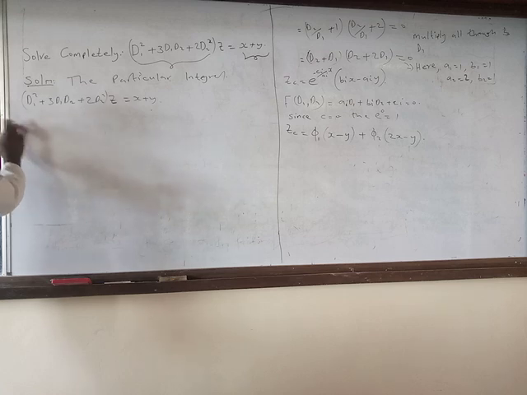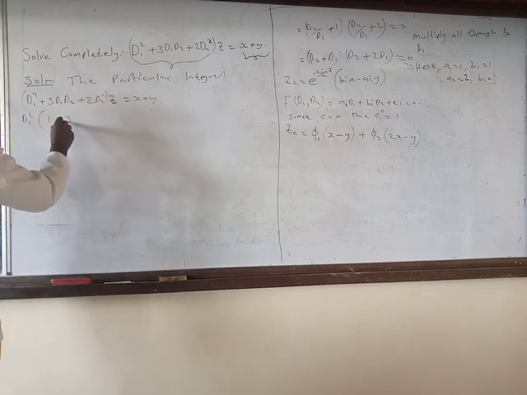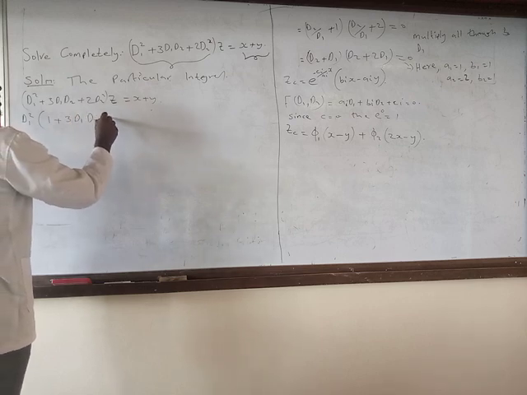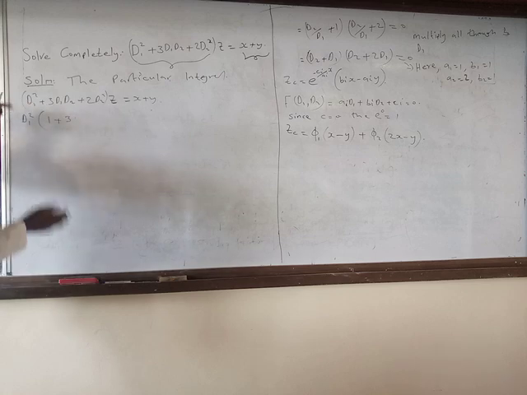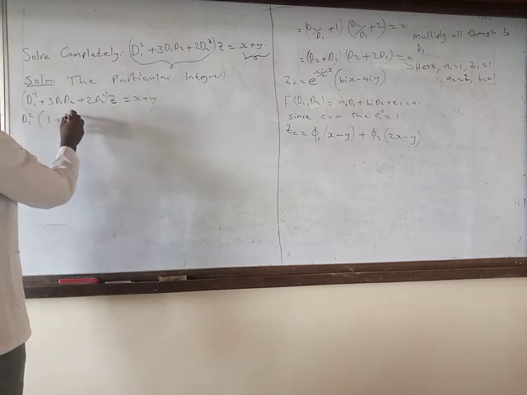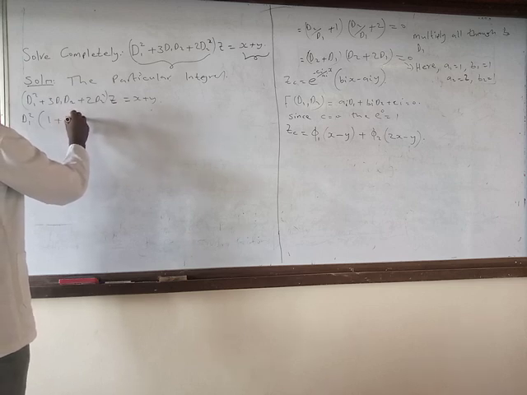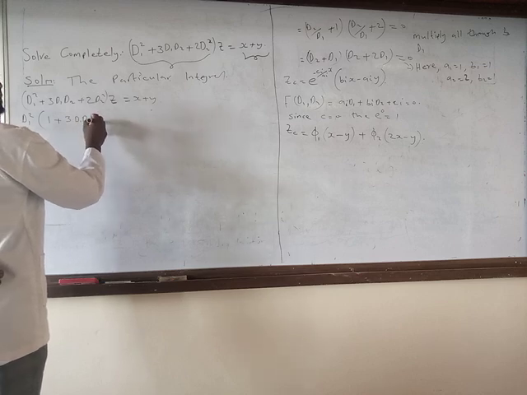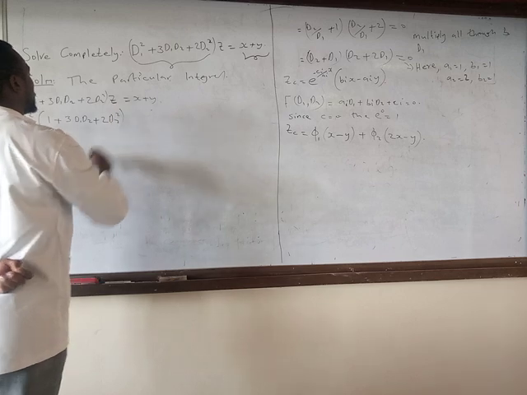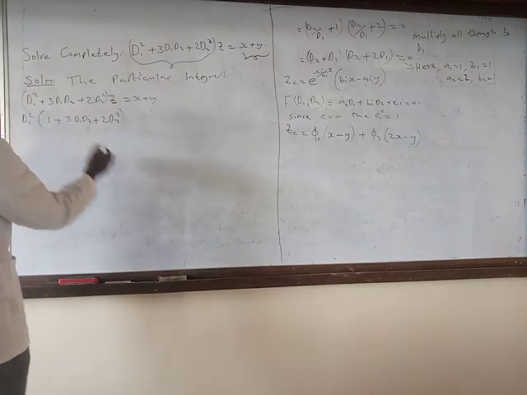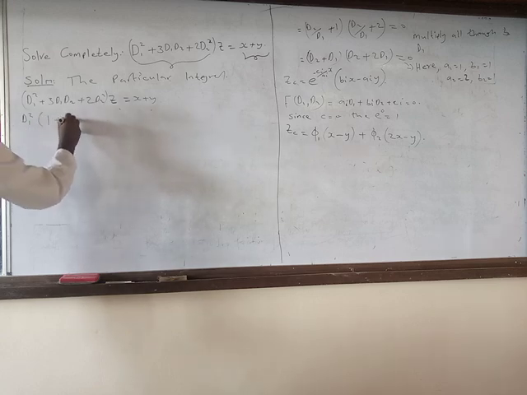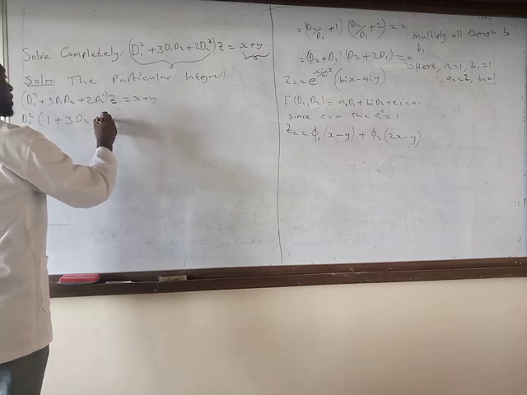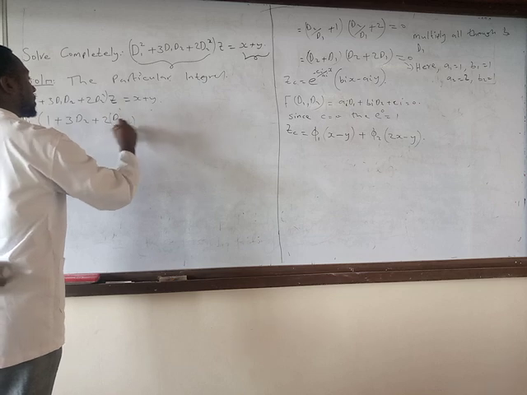Now if you factor out D1 squared, we have 1 plus 3 D2 over D1 plus 2 D2 squared over D1 squared.